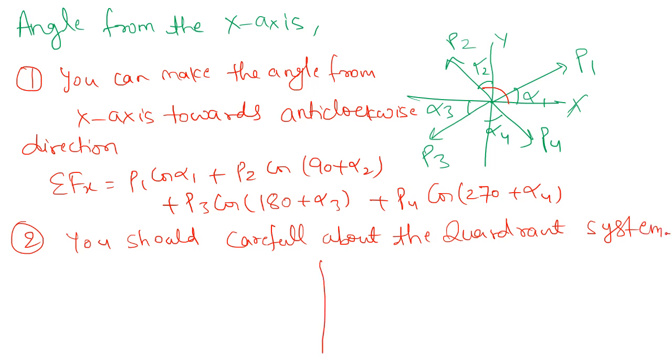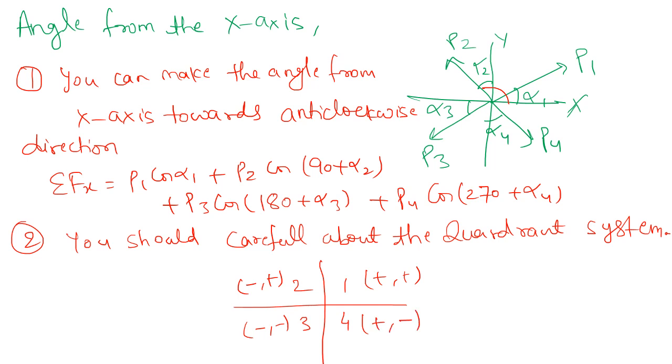In the quadrant system, let's suppose this is your first quadrant, this is your second quadrant, this is third, and this is fourth. So in the first quadrant, both the quantities are positive. In the second quadrant, the x component, or the horizontal, is negative and the vertical is positive. In the third, both are negative. In the fourth, the horizontal is positive and the vertical is negative.